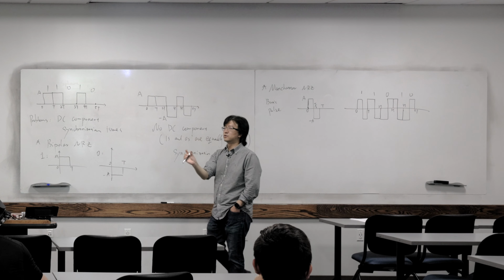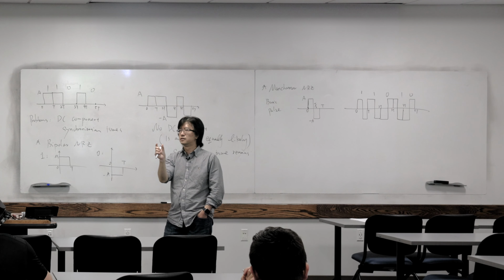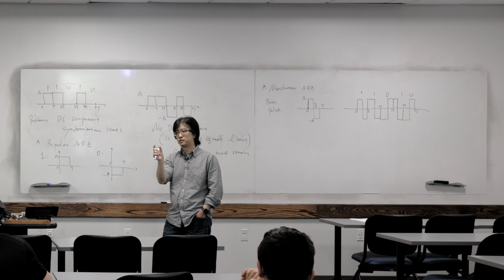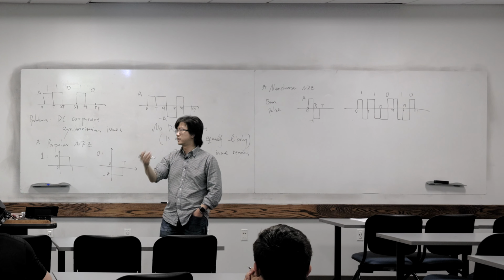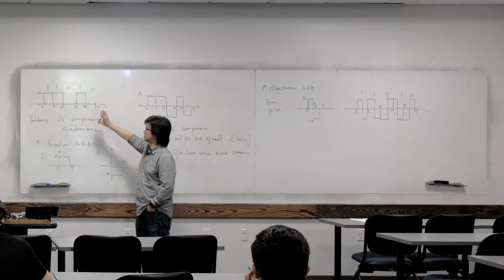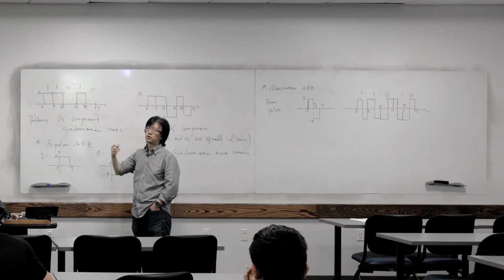So in the time domain, for one pulse, the time duration is shorter, which basically means it requires more bandwidth, because in the time domain it's changing very fast. It's twice as fast as this or this, so it occupies more bandwidth.